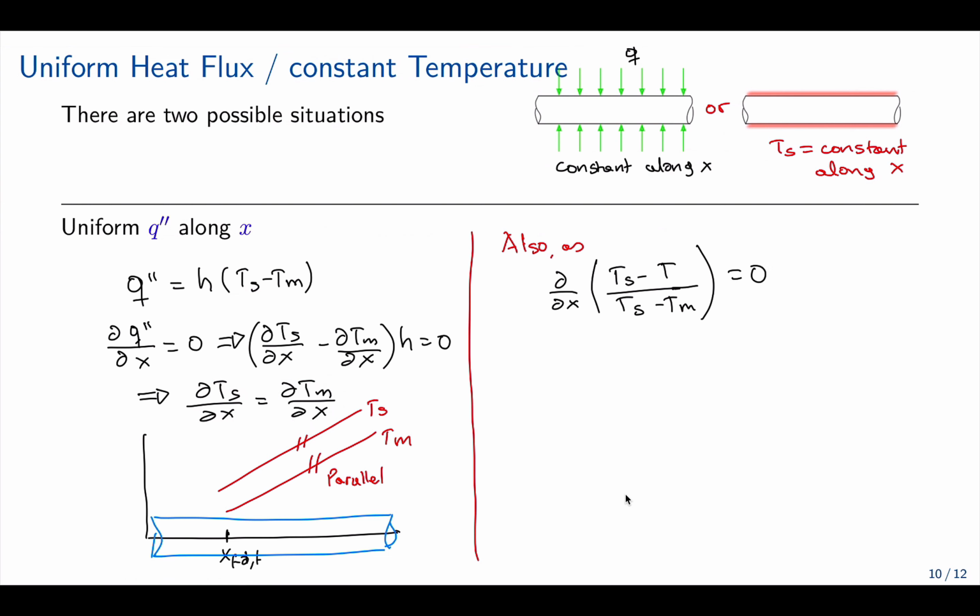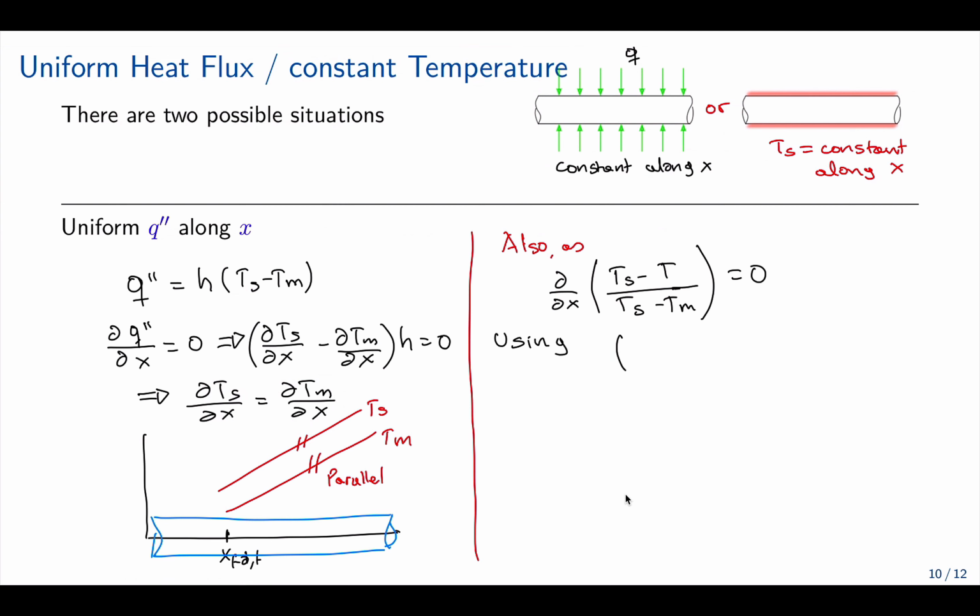I'm not going to do it in detail, but using the fact that the derivative of a fraction is equal to f prime multiplied by g minus g prime multiplied by f, divided by g squared, we can get to the following conclusion.